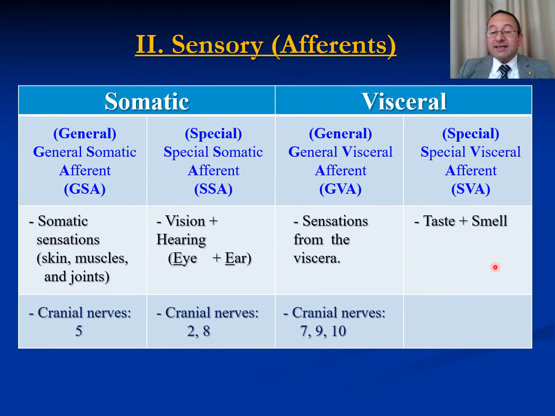It receives sensation from two sources, which are taste and smell. So it is present in cranial nerves number 1, 7, 9, and 10. Always remember that 7, 9, and 10 always run with each other.